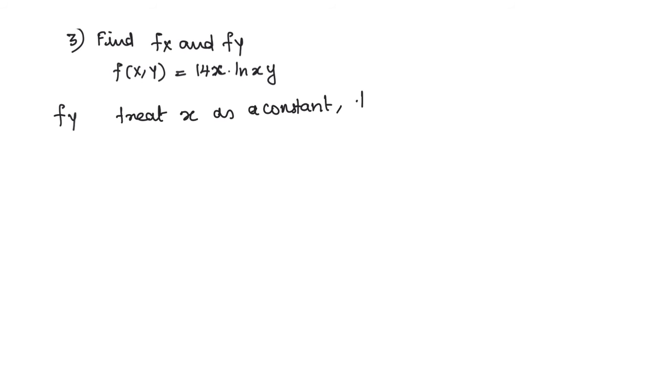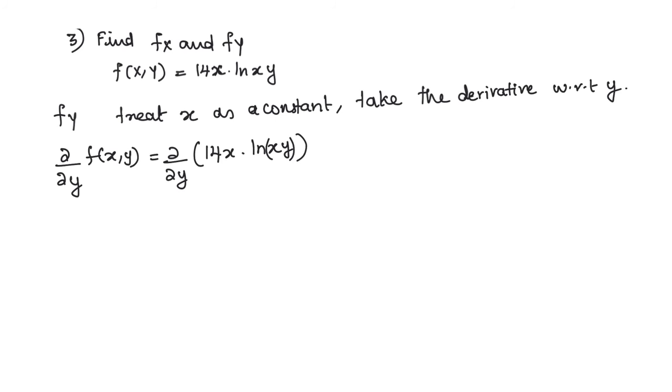and take the derivative with respect to y. So x is a constant, so this is a constant, and here this one is also a constant. So this derivative becomes constant times the derivative of a function. So this whole thing is a function, okay?